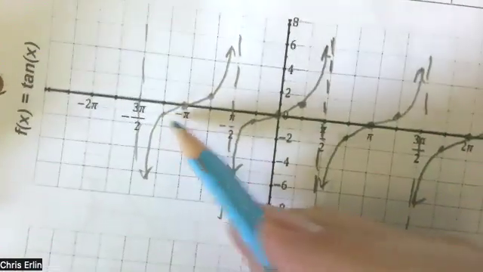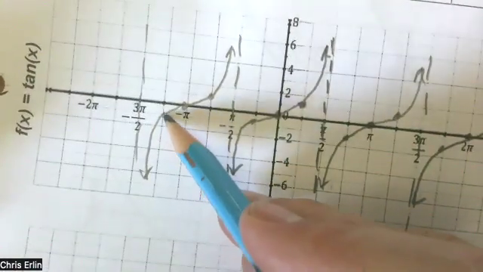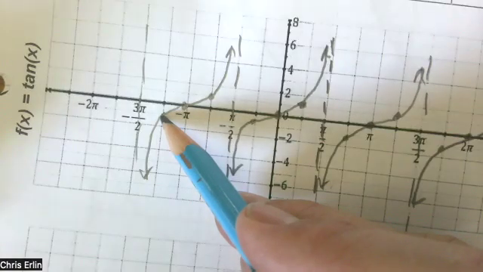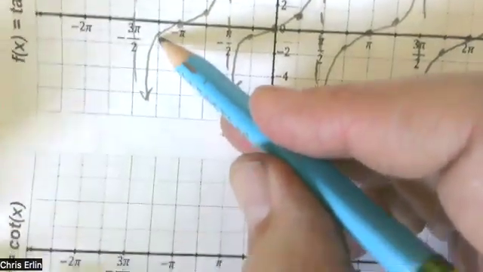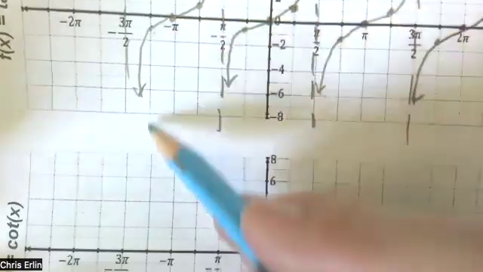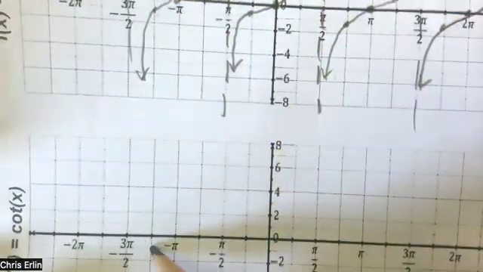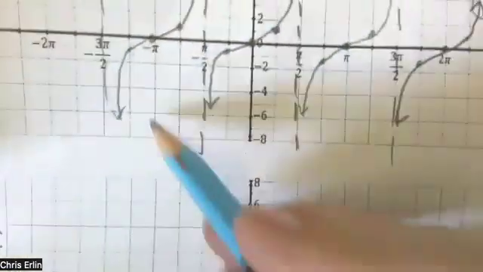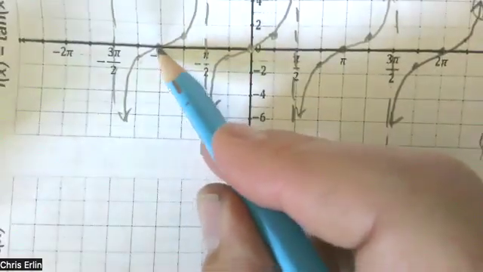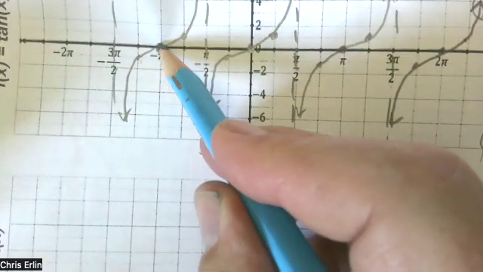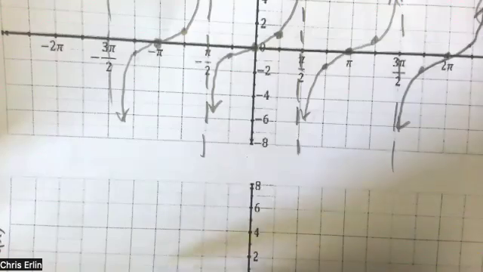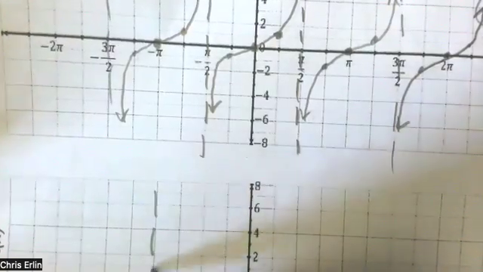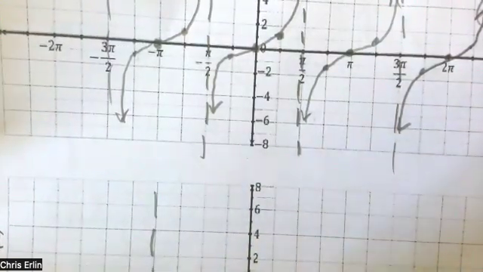Let's do the same thing here. This spot has a y value of -1. What's the reciprocal of -1? Still -1. This spot is a 0. What's the reciprocal of 0? That's our asymptote, just like we did with sine and cosecant.